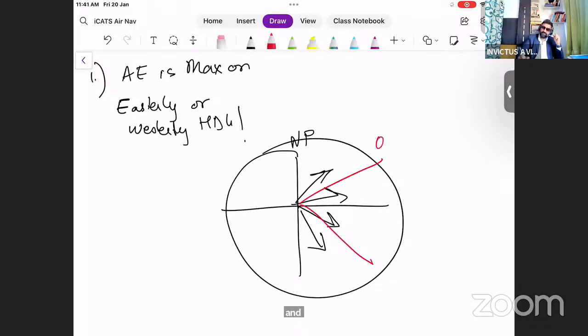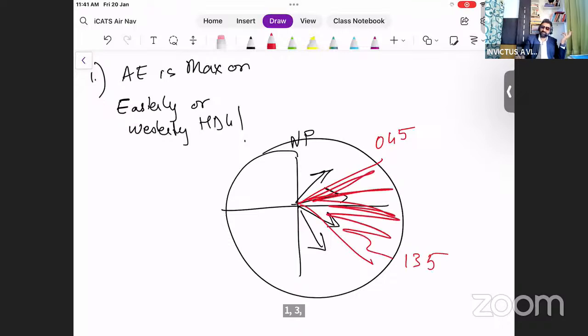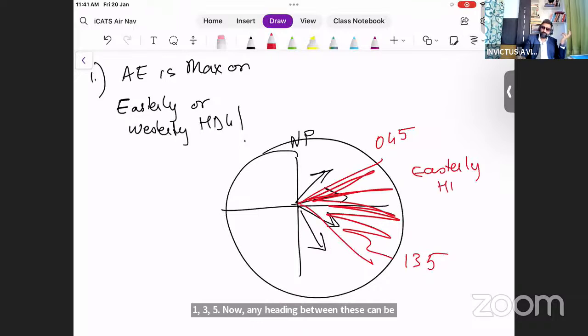So I can say 045, 135. Any heading between these can be considered an easterly heading, majorly. These are secrets to understanding these points. Make sure you know this carefully.